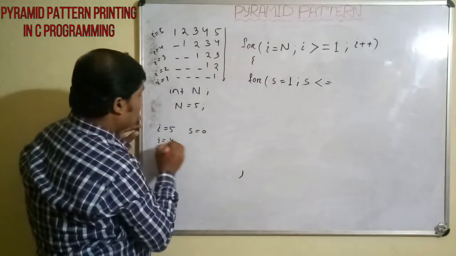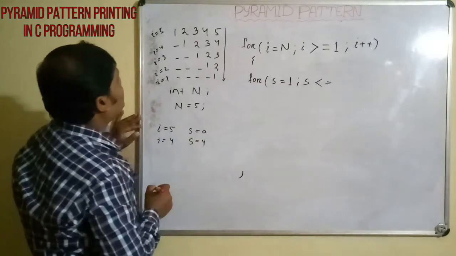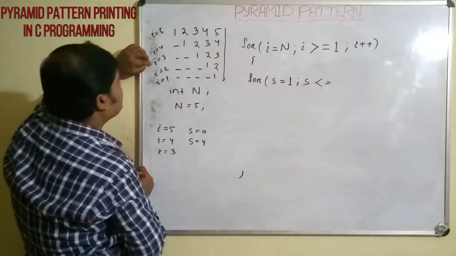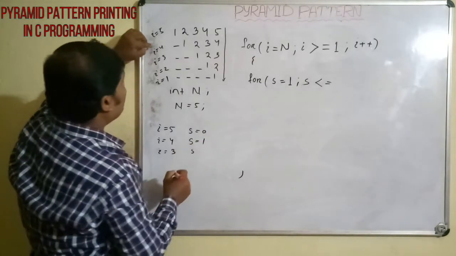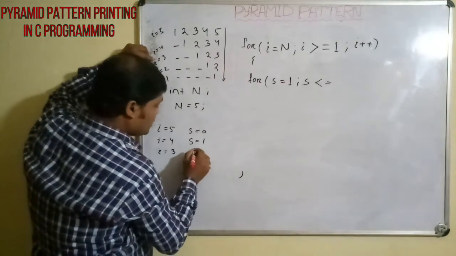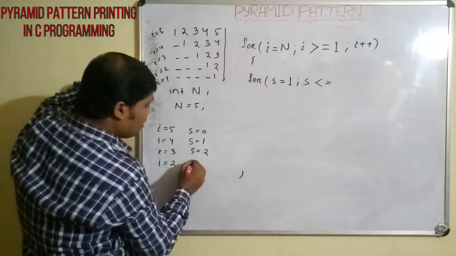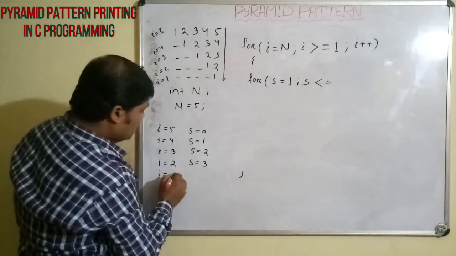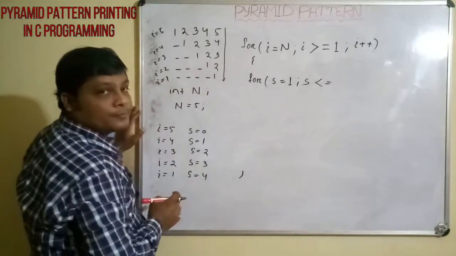When i value is 4, there is 1 space, sorry. When i value 4, there is 1 space. When i value is 3, there is 2 spaces present. When i value is 2, how many spaces are there? 3 spaces are there. When i value is 1, 4 spaces are there.